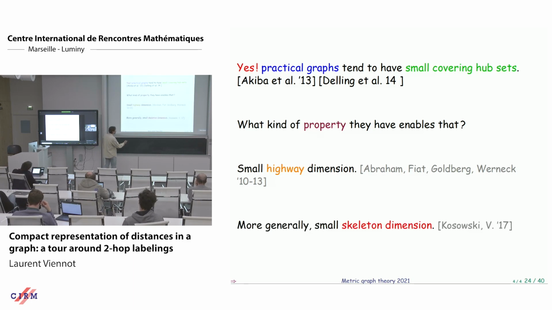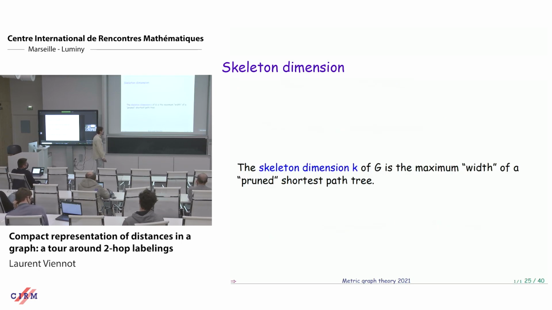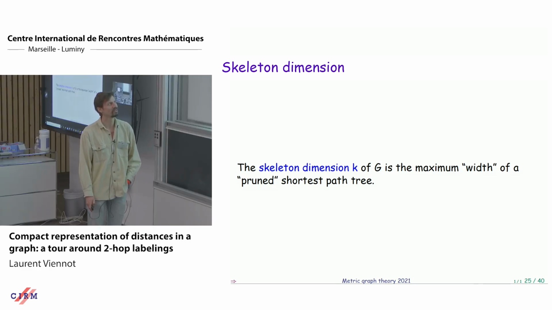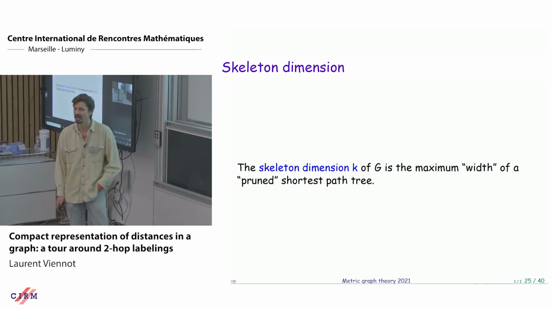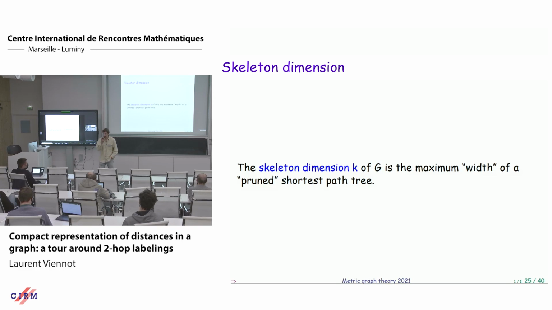But we could kind of extend their work to also get small dimension for the grid. So just to give an intuition of what we call skeleton dimension, it is the maximum width of the skeleton of a shortest path tree.